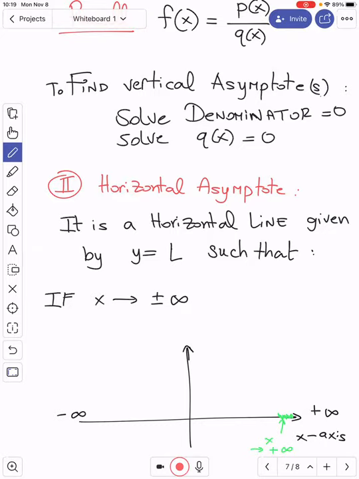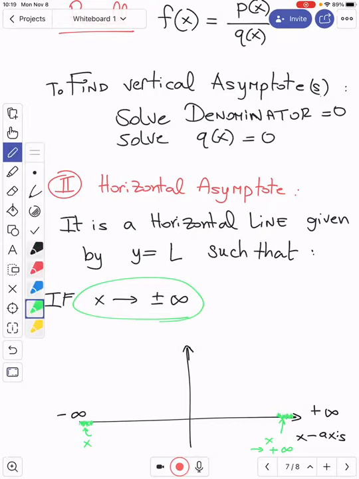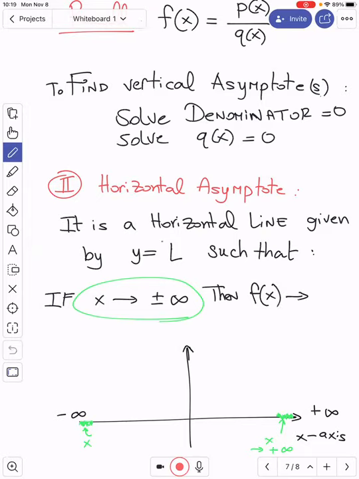Or of course you can be in the neighborhood of negative infinity. Okay, so if x approaches positive or negative infinity, so your x is in this green interval, then what happens to the value of y or of f of x?